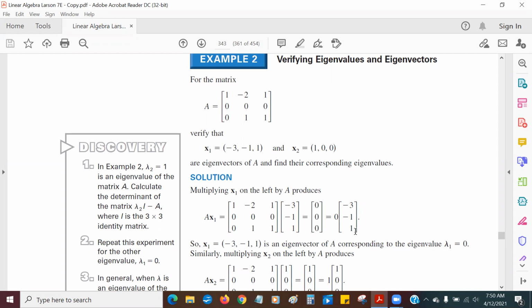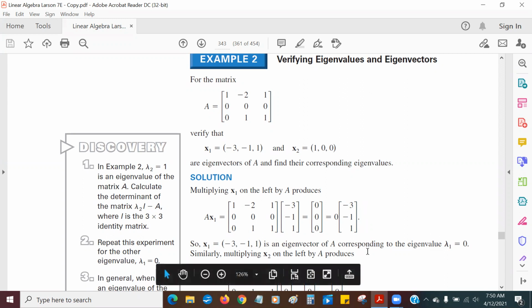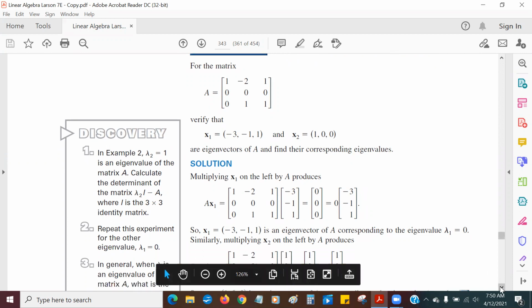So 0 is the eigenvalue, and negative 3, negative 1, positive 1 is the eigenvector that corresponds to the original matrix A, 1, negative 2, 1, 0, 0, 0, 0, 1, 1. Okay, so that's how that works.